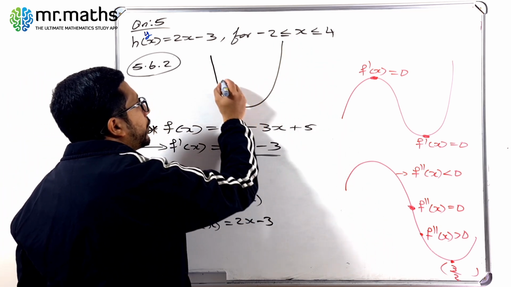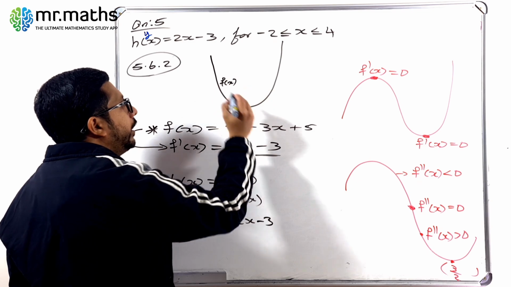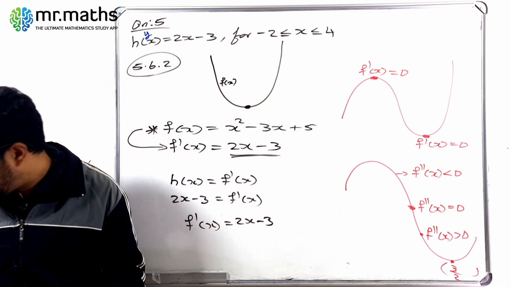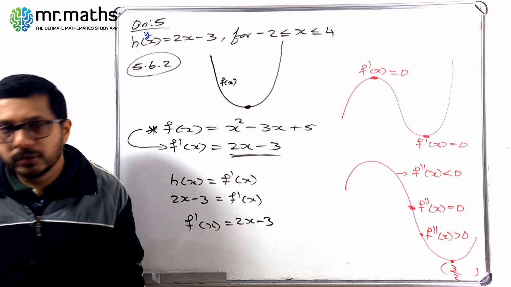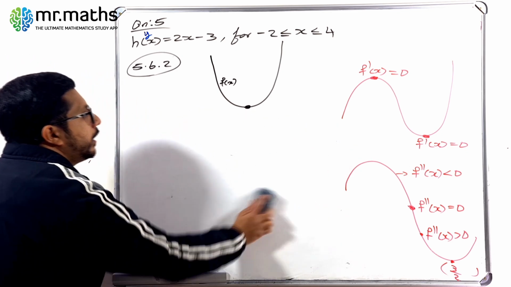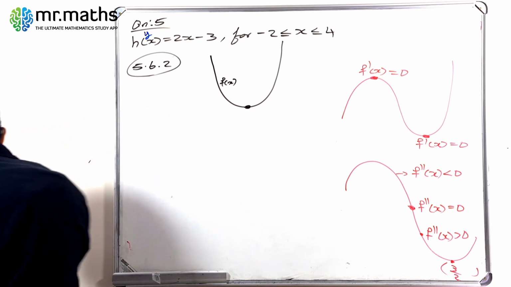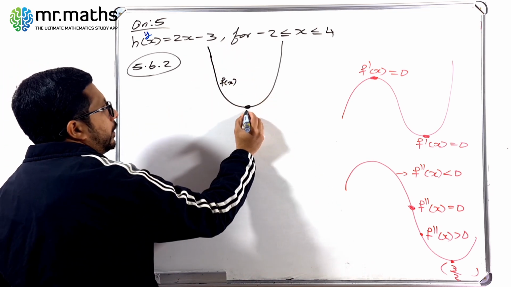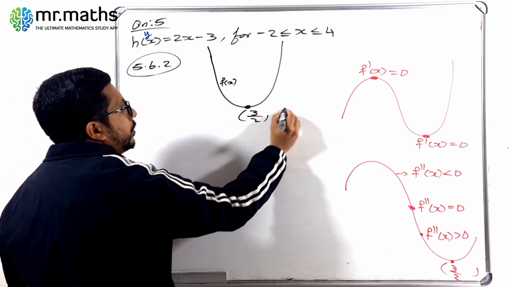This is the f of x graph, and we already found that the x value of the turning point is 3 over 2.